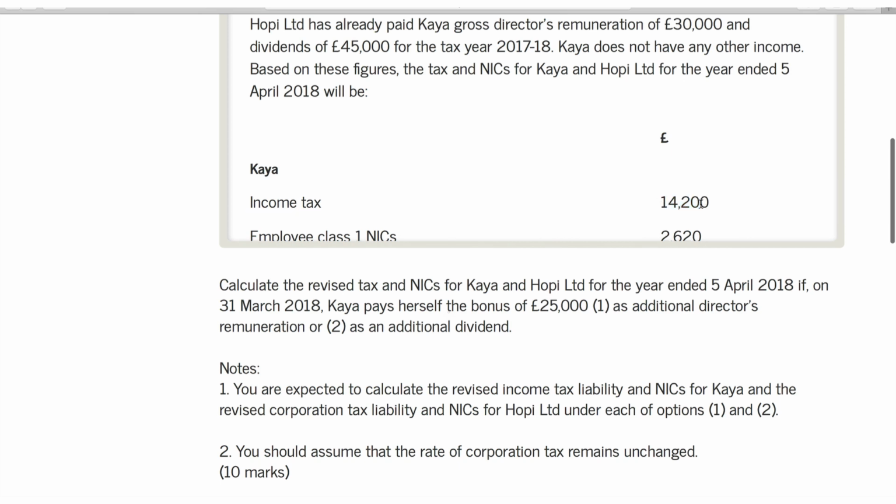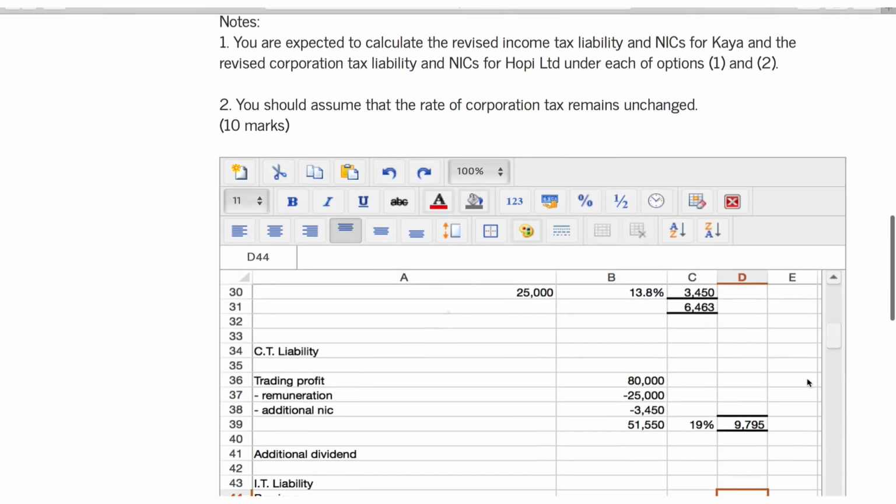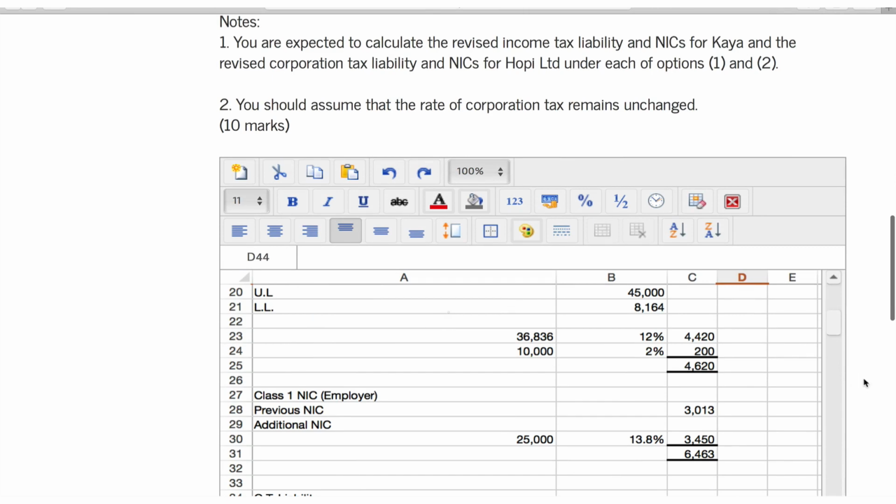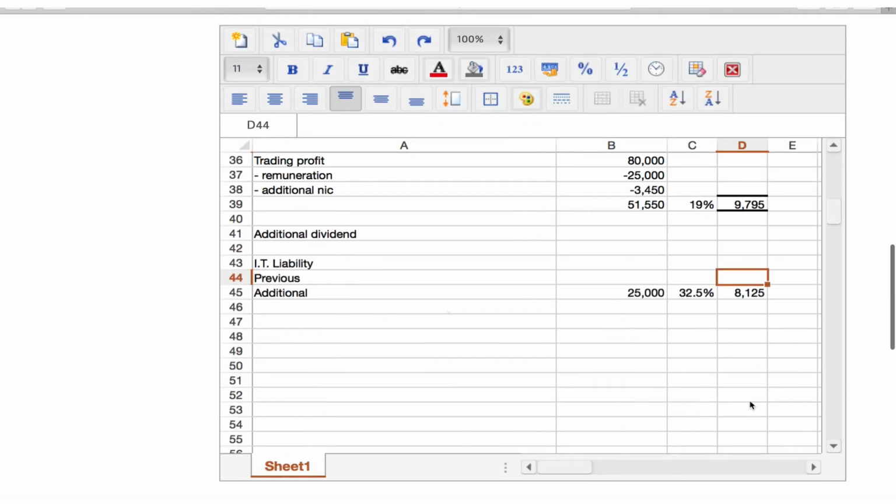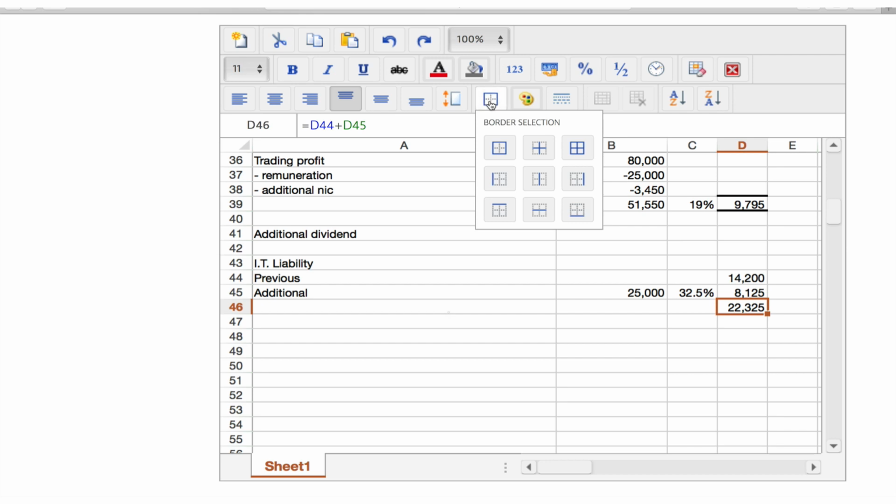So let's just copy this and add it on. Let's copy the 14,200 and add it on over here as we need to. We need to add it on just a little bit lower right here. Okay, and my total income tax liability will be this total over here, 22,325, if it is paid as a dividend.